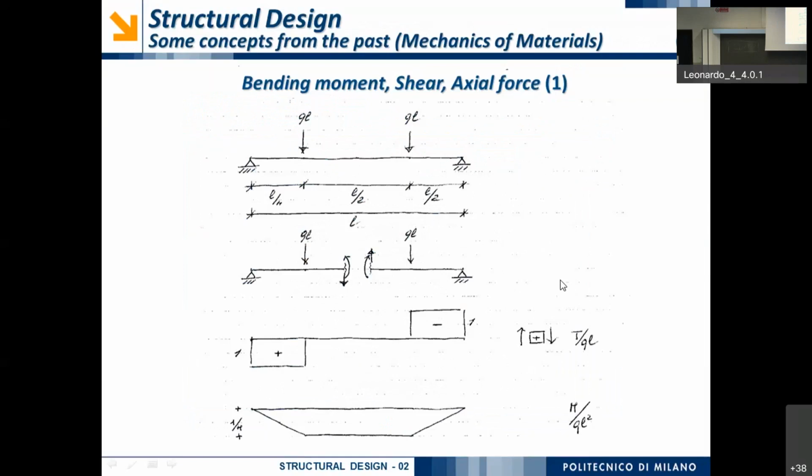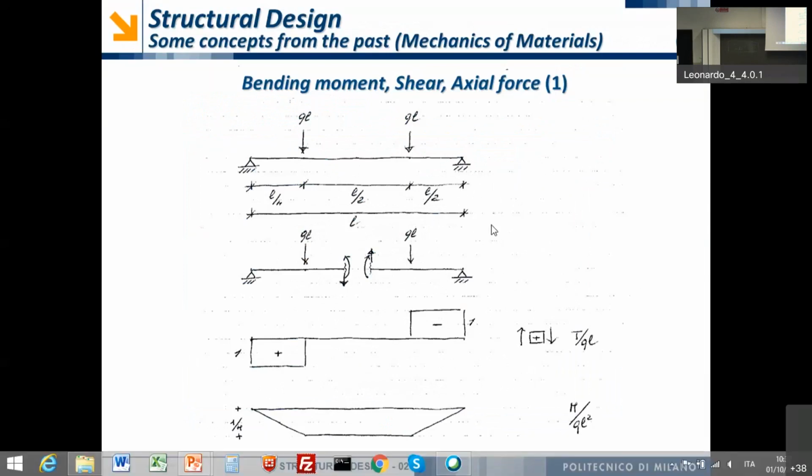Okay, you remember that in the past lecture, we ended the lecture by introducing some concepts from the past. The first aspect to be recalled is related to the internal actions: axial force, shear, and bending moment.